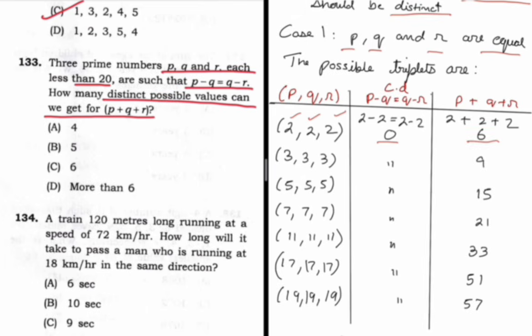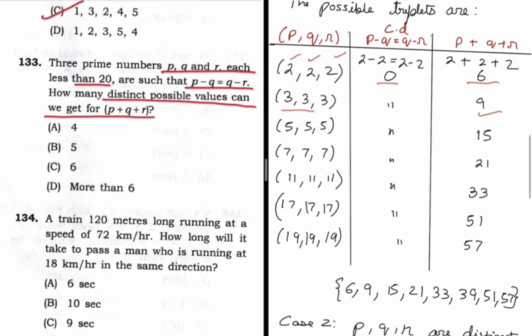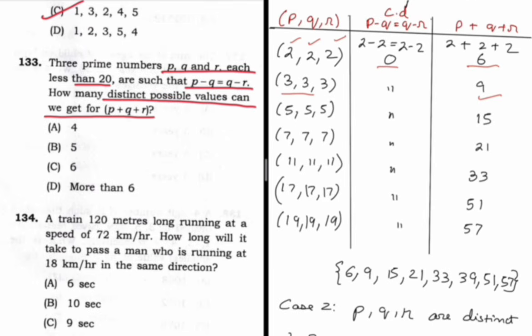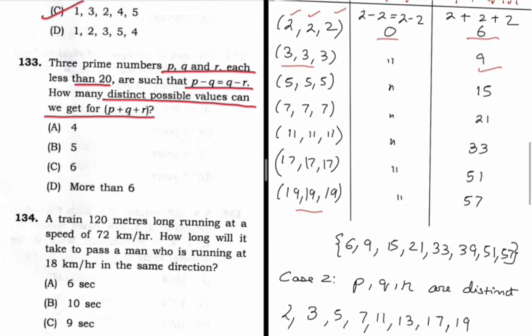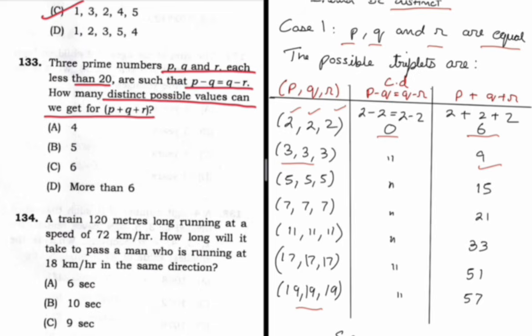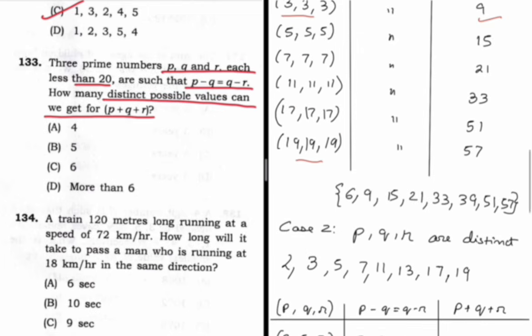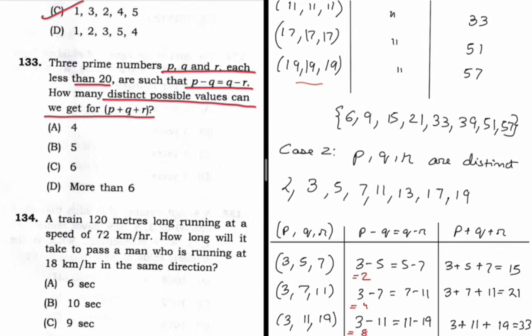Similarly for 3, the sum will be 9, and solving like this till all the prime numbers are done till 19, we'll get all the possible values of P plus Q plus R. After solving this, we'll get a set of the possible sums when P, Q and R are equal. So we have the set of 6, 9, 15, 21, 33, 39, 51, and 57.